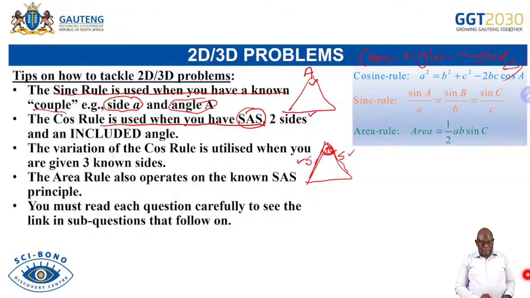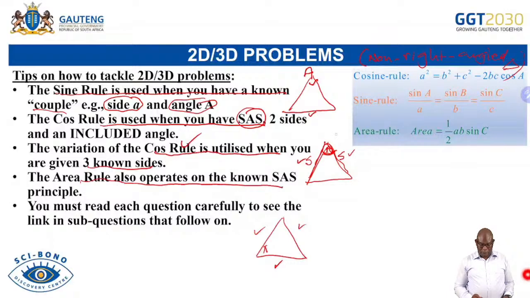Now the variation of the cos rule is utilized when you are given 3 known sides. Even if I'm given 3 sides only, I can use the cos rule to get one of the angles. The area rule also operates on this one.